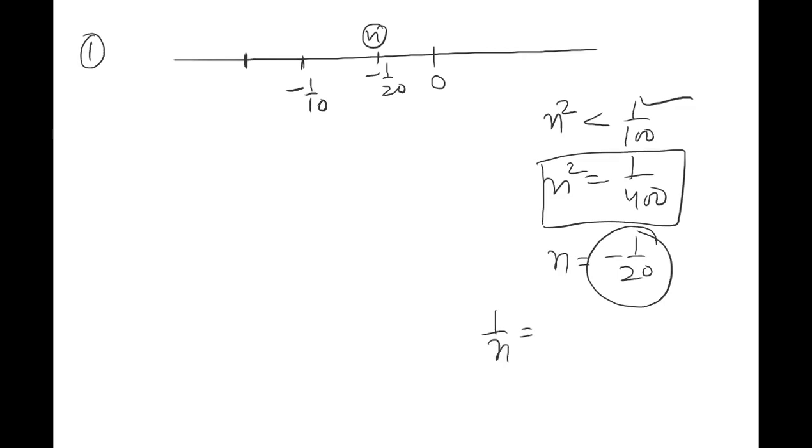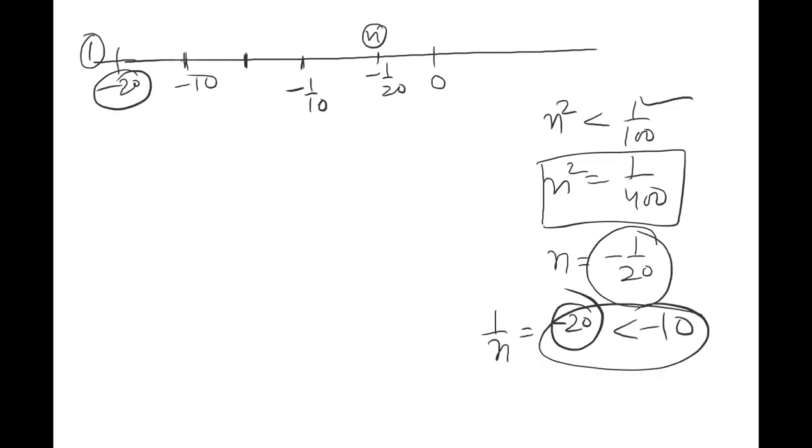That means 1 by n would be minus 20. Now let's say this is minus 10 and this is minus 20. So this is less than minus 10 for sure. A is your answer. Is that okay?